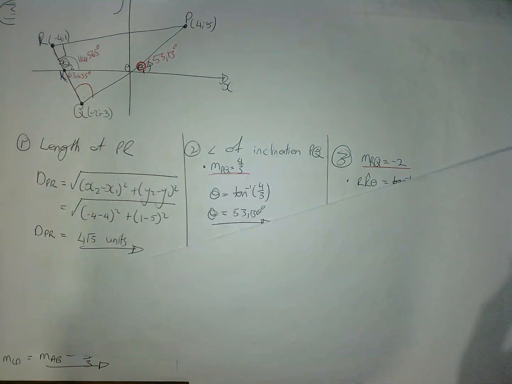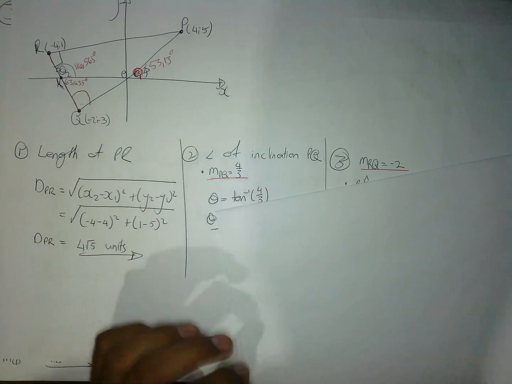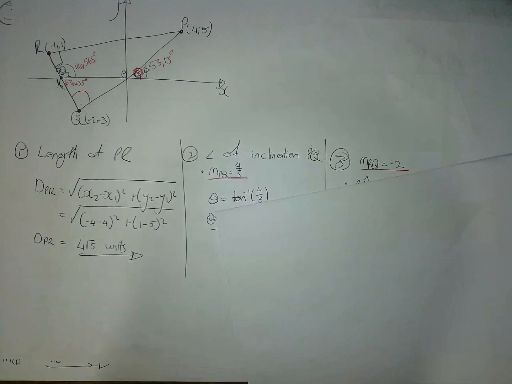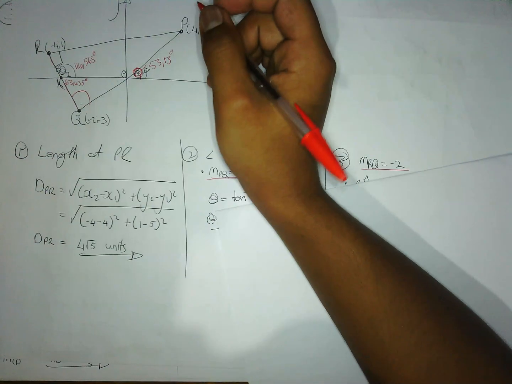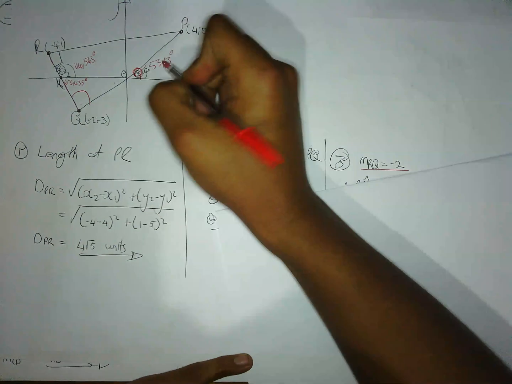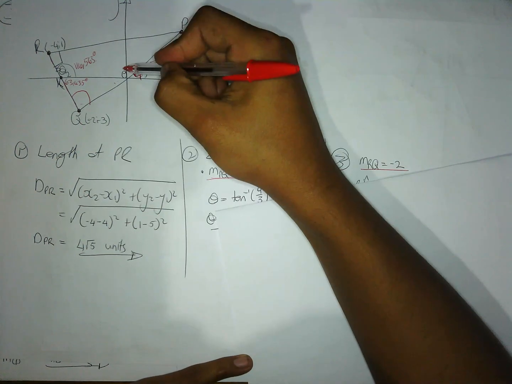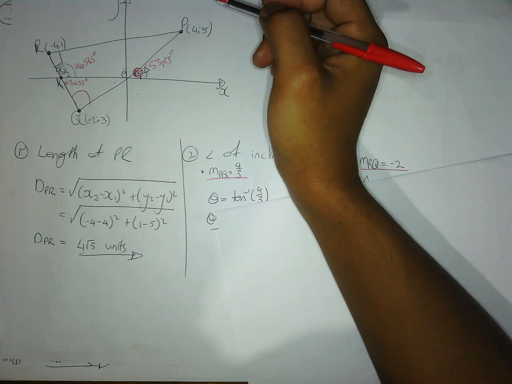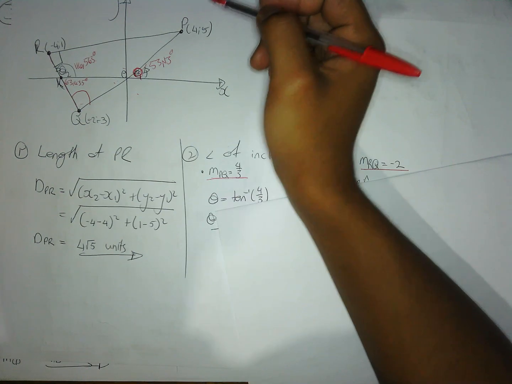So I have that angle, that angle and that angle. If you can see what I'm getting at, I'm getting to the interior angles of a triangle. My next step is to note that this angle is equal to this angle here, and this angle is equal to this angle there. Those are opposite angles.